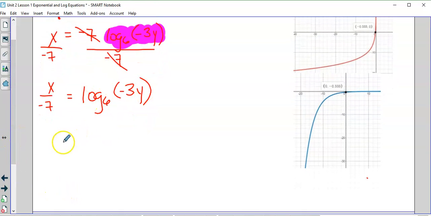This is isolated, so now I can rewrite this as an exponential statement. My base is this. My exponent is this. And the part that goes on the right of the equals is this.